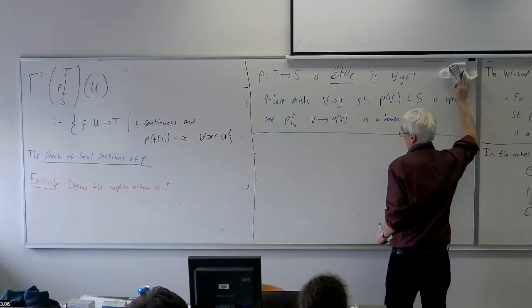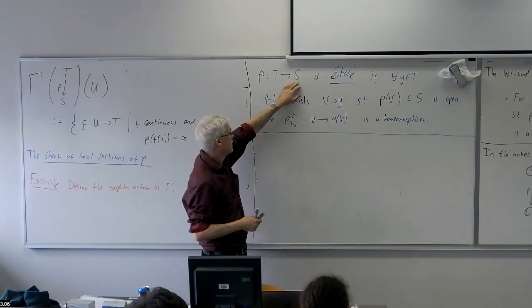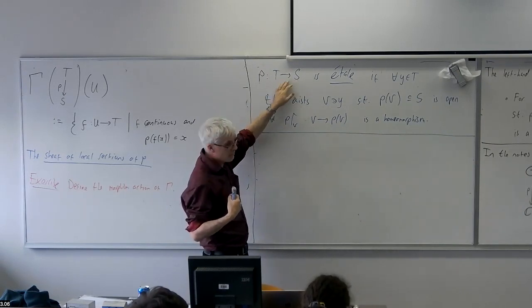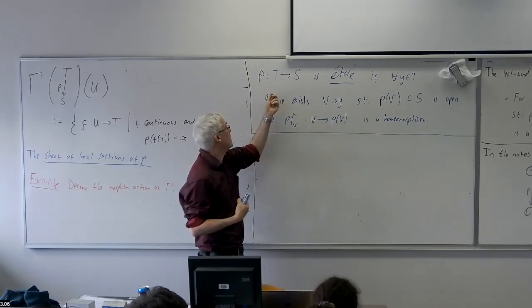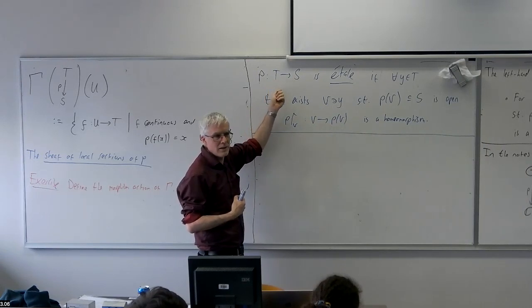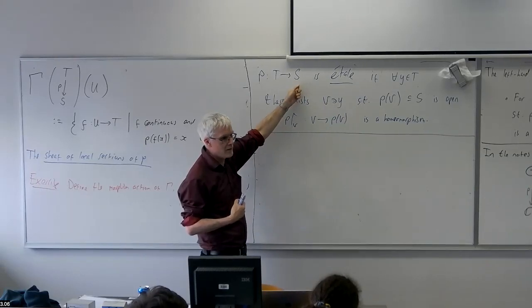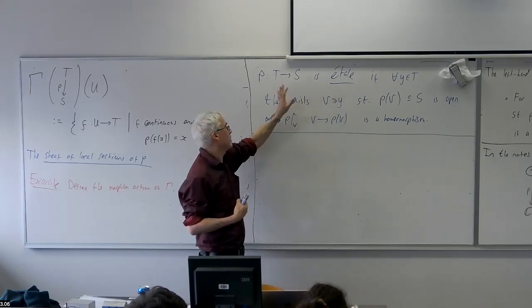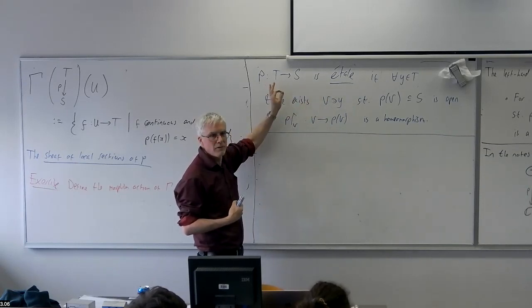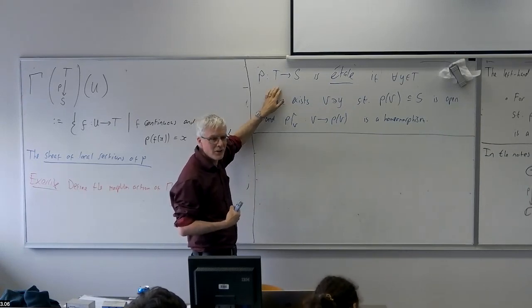For those spaces living above us, together with a map down from the space to S, that's a local homeomorphism. Around any point in T, you can find a neighborhood that's homeomorphic to an appropriate neighborhood of the image in S. You think that being a local homeomorphism is such a strong property that the topological space must be very nice, but actually it's not in general.